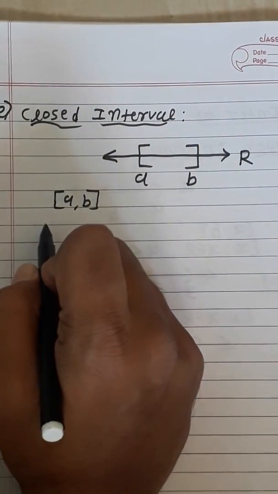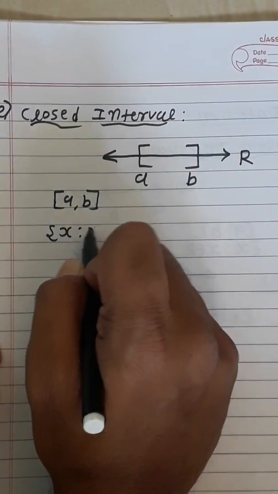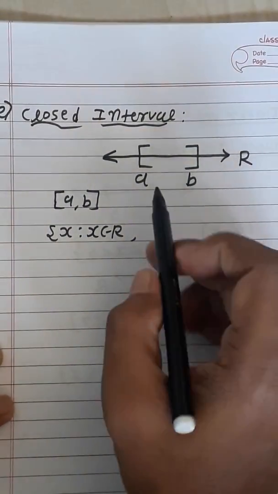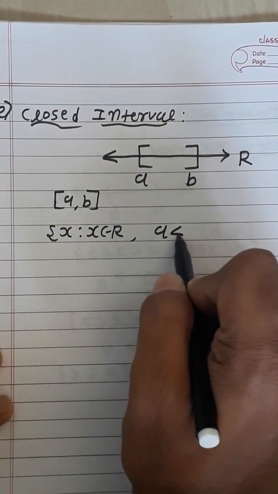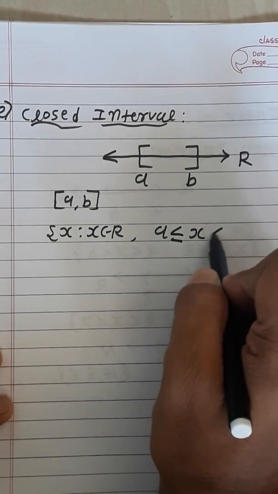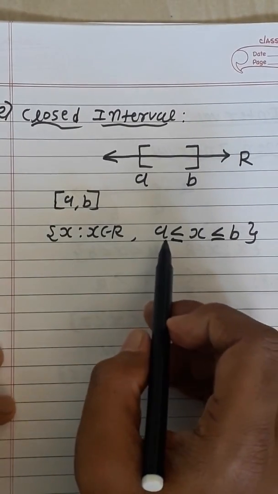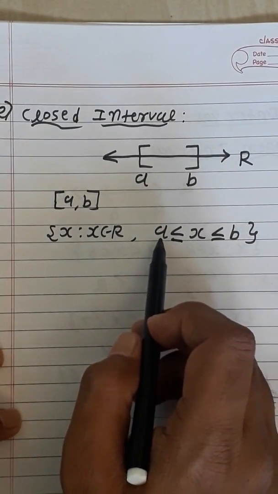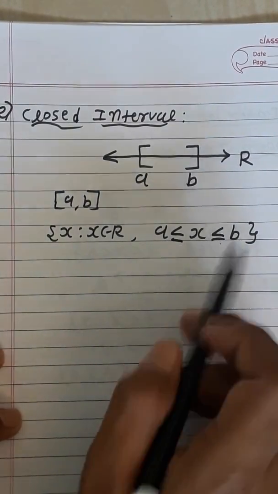Now in set builder form we write {x : x belongs to R, A less than or equal to x less than or equal to B}. The difference between open and closed interval is that in closed interval the less than or equal to form is present.